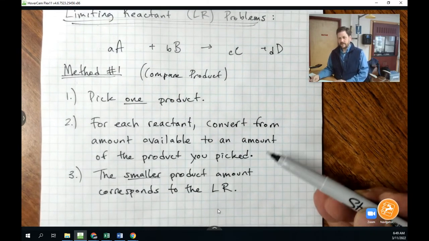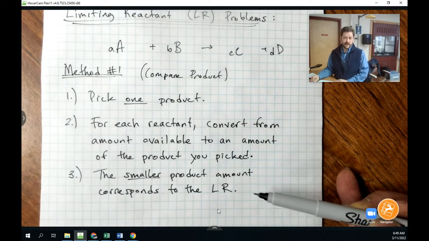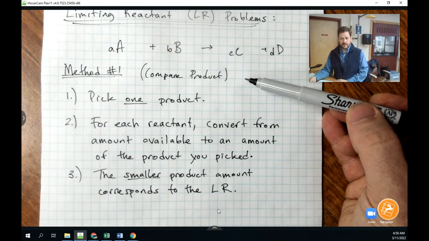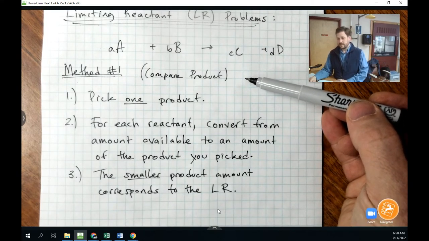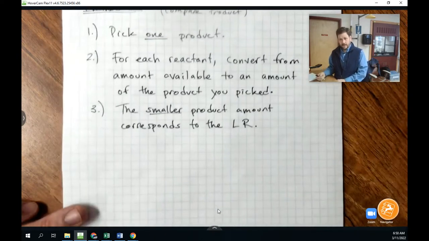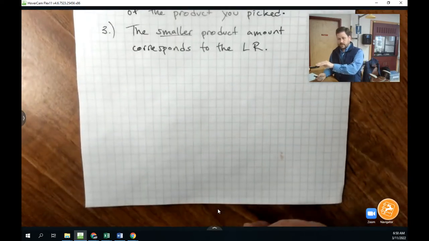This first method is especially helpful if you're asked to predict an amount or an actual yield because it involves calculating an amount of product. The next method will allow you to identify the limiting reactant a little bit more quickly. However, it's not going to tell you how much product is produced.